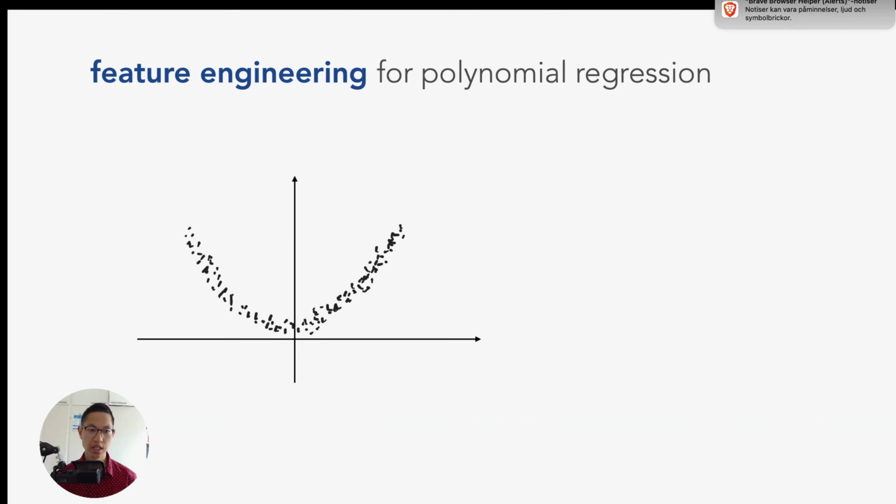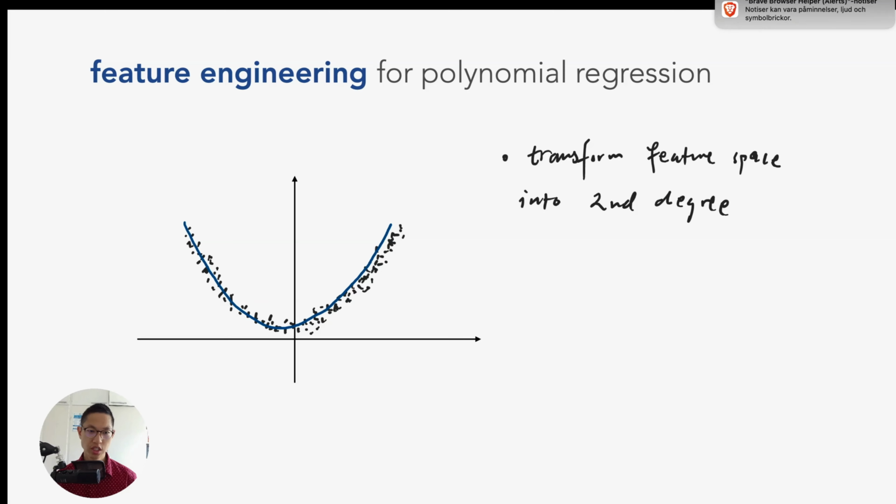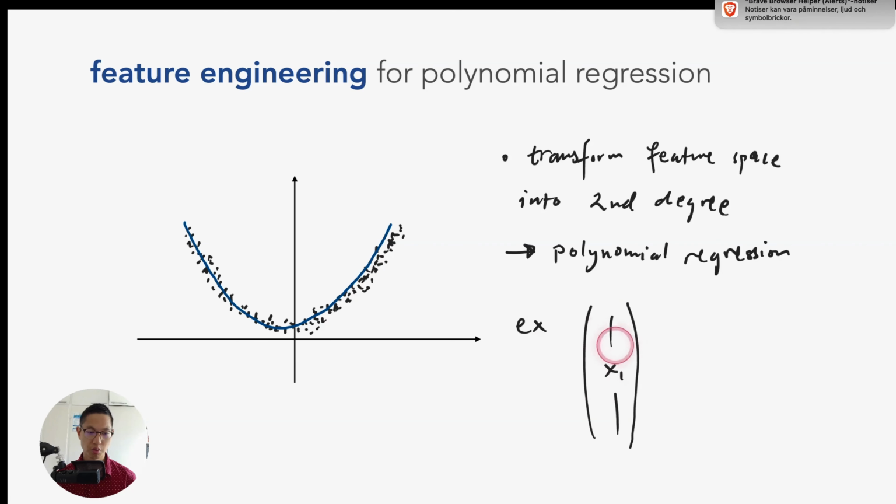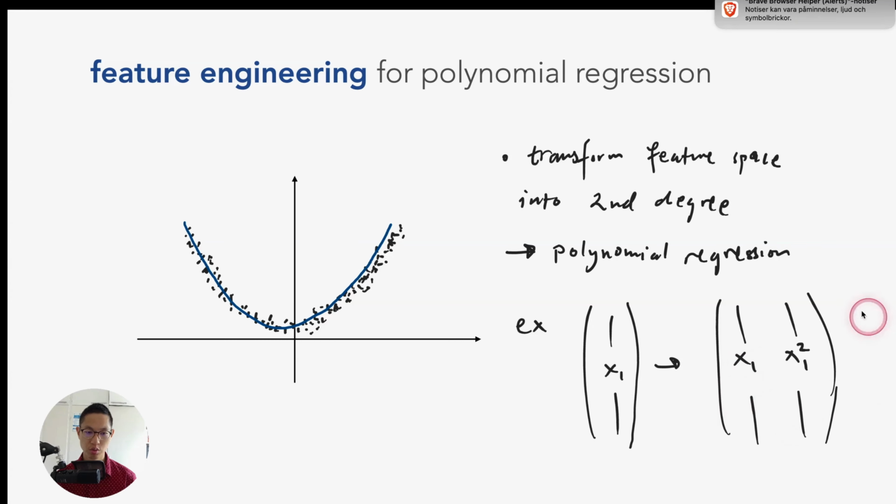We make it into polynomial regression. What does this mean? We can get a curve that looks like a second order. We transform the feature space into second degree, and this is called polynomial regression. Now we don't have a line. Instead, we have a second order curve. For example, here is one feature, and we transform it into x1 and x1 squared.